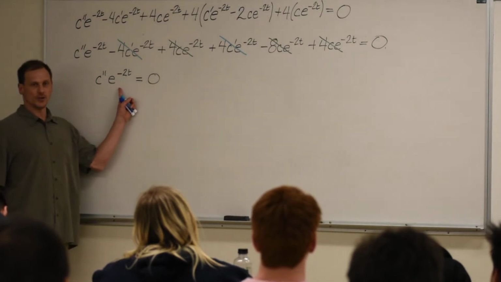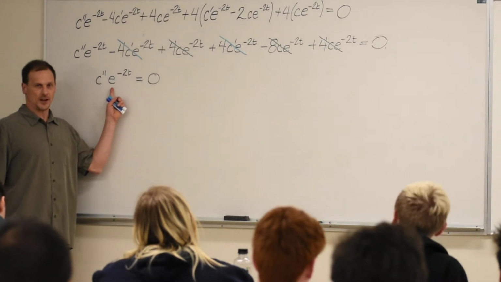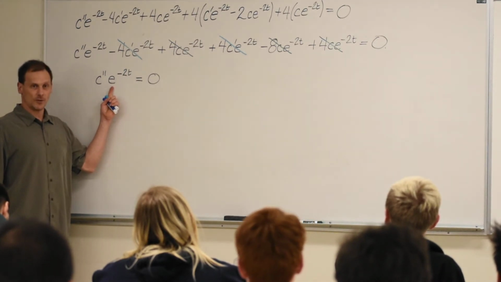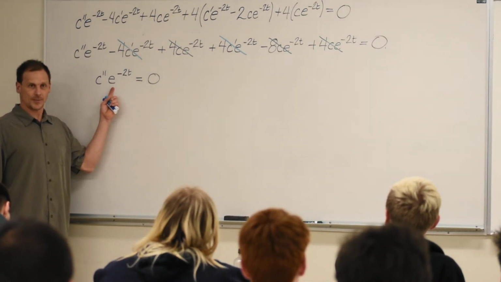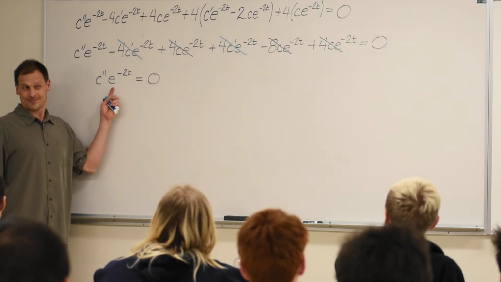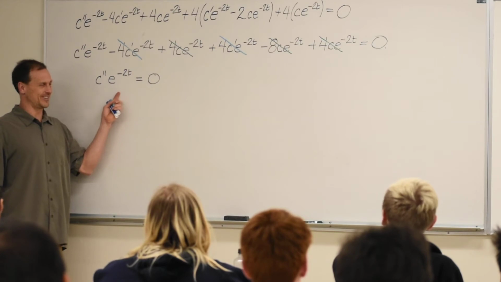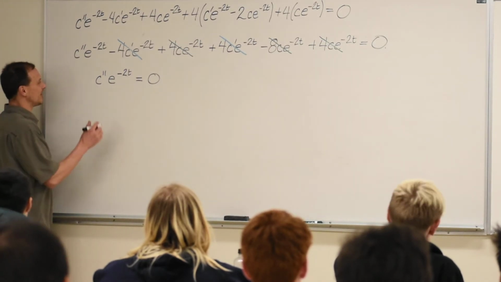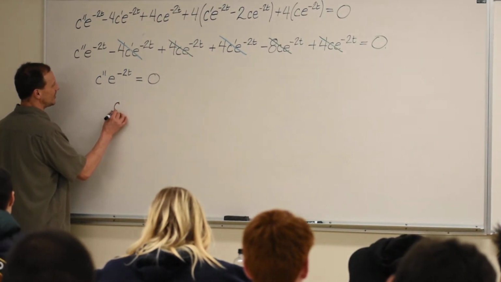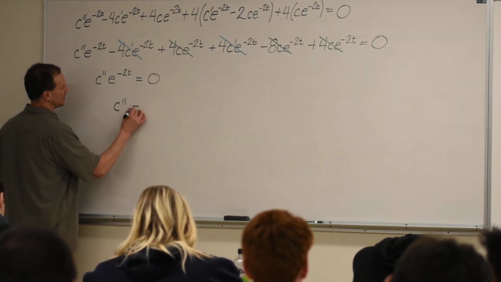This is a real exponential, it's just a number. Is it ever 0? Are you sure? It's never 0. So you can divide by it. So let's do that, let's make our lives easier. C double prime is just 0.